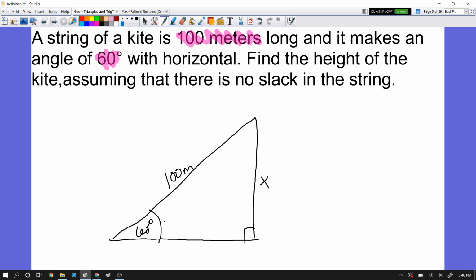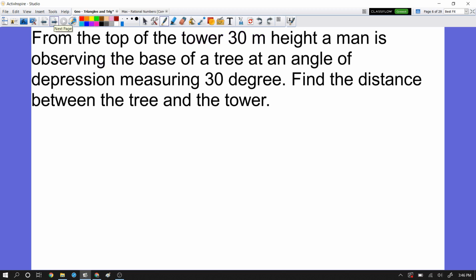Let's go ahead and label. We're looking for opposite, and we don't know adjacent, but we're given the hypotenuse. So this looks like a sine: opposite over hypotenuse. Should be pretty easy. Are we given a degree measure? Yes. Okay, not inverse still. We're given a side measure as well.